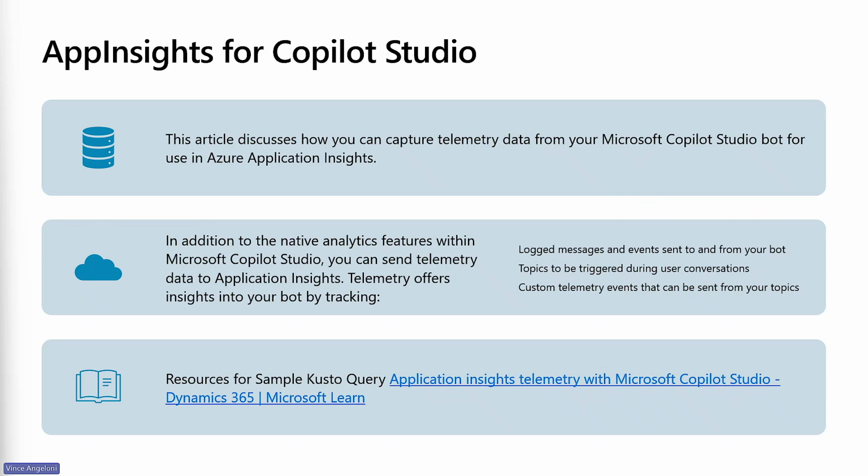An advantage of integrating with App Insights is that once it is integrated, you can leverage the native capability of App Insights, like configuring your alerts for certain thresholds met. You can notify certain people. That is very important because a bot is autonomous on its own.